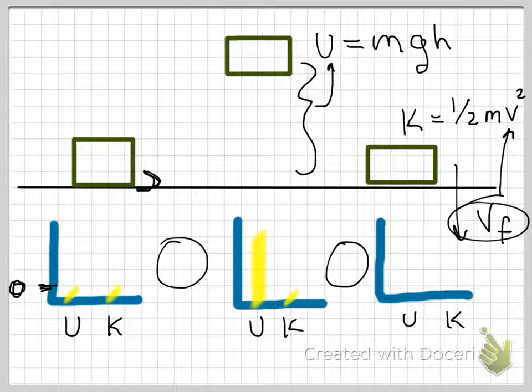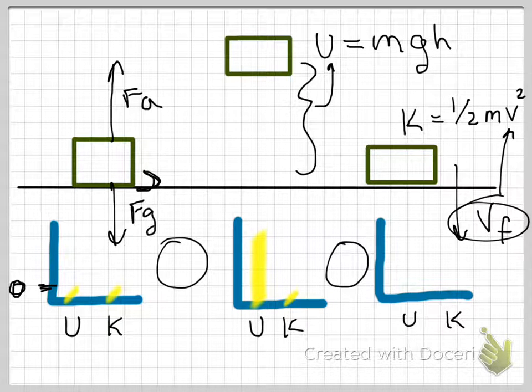In order to get energy into an object, we have to do work on that object. I needed to physically lift this object upwards, and so I needed to apply a force at least equal to the force of gravity so that it would start to move upwards. The minimum force required to do work is equal to the force of gravity.